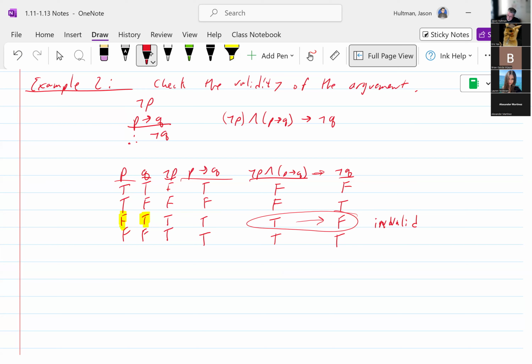This guy is true, and this guy is true, but my conclusion is false. So the hypothesis, not P, is true. P goes to Q is true. So my hypotheses are both true. However, my conclusion is false. So it's invalid.